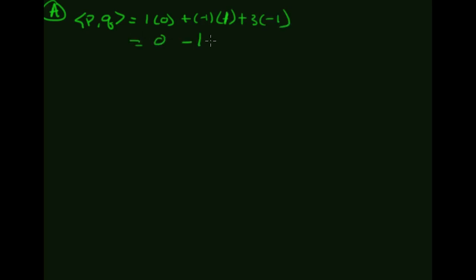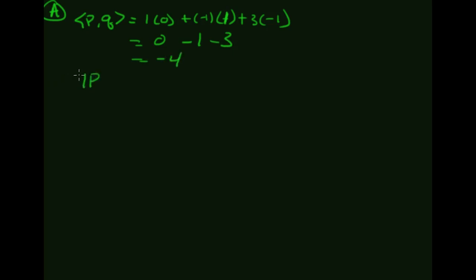All right, so problem number 4 does this with the polynomial inner product. So we want P times Q. It's going to be 1 times 0 plus negative 1 times 1 plus 3 times negative 1. Should give me 0 minus 1 minus 3 should be negative 4.